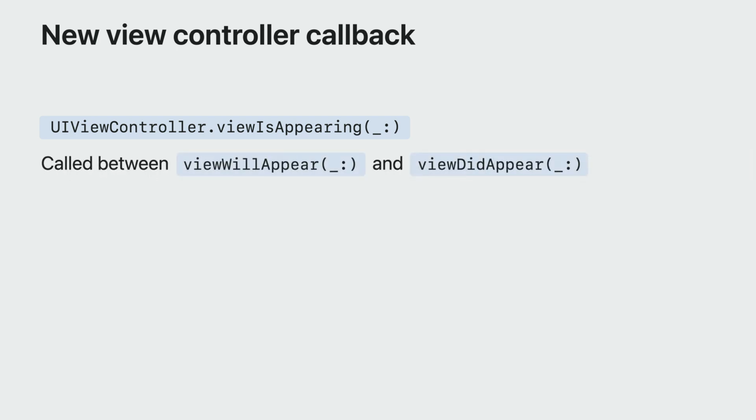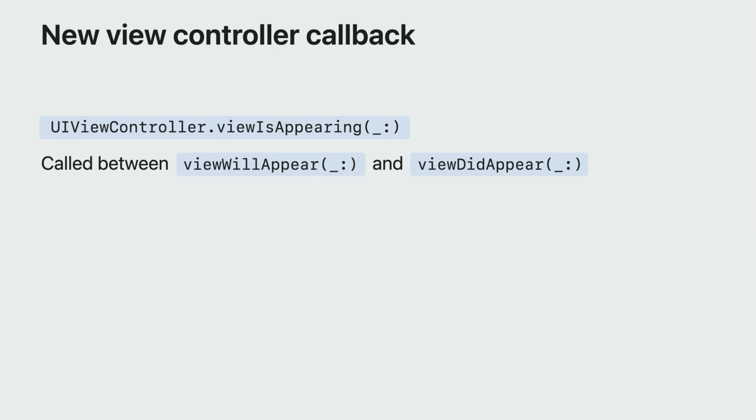Next, I'd like to cover an important improvement to the view controller lifecycle during appearance transitions, such as when you present a view controller or push or pop in a navigation controller. There is a new view controller callback named view is appearing, which is called after view will appear but before view did appear.